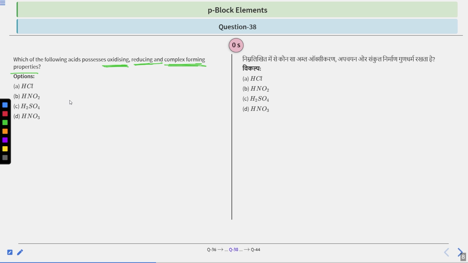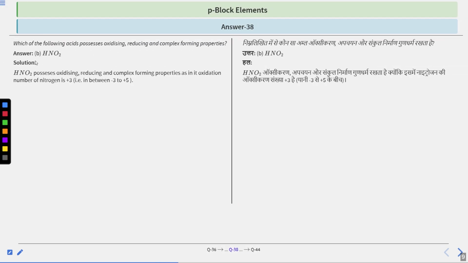Okay, let's see. The correct answer is option B, that is HNO2. HNO2 is an acid that possesses oxidizing, reducing, and complex forming properties, as the oxidation number of nitrogen is found to be +1. Oh, +3, right?